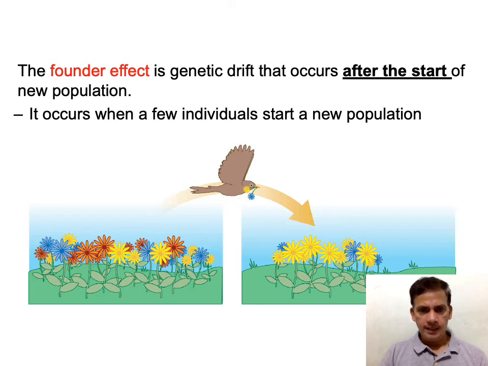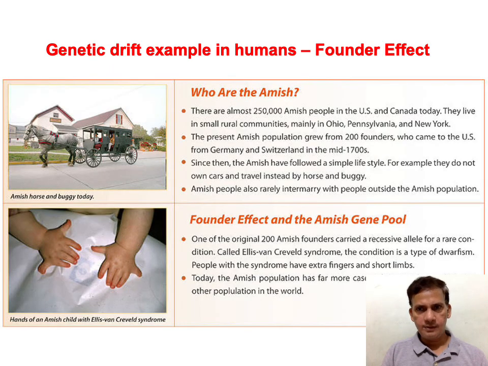So here this yellow or blue color is the founder population, or one can say this is the founder effect in genetic drift.